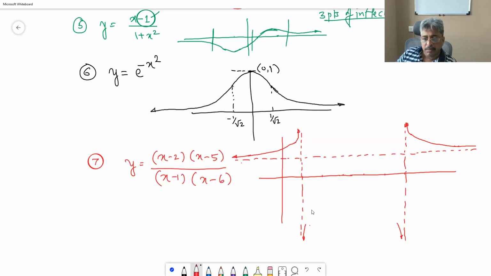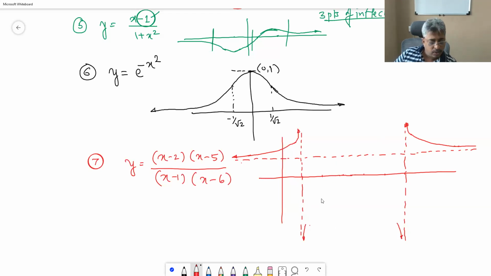Okay, so now to the left of 1 is done, to the right of 6 is done. You are supposed to take care of something between these two. So first derivative equate 0, you will get x where it is maximum, and you will find that the value of the maxima is less than 1.